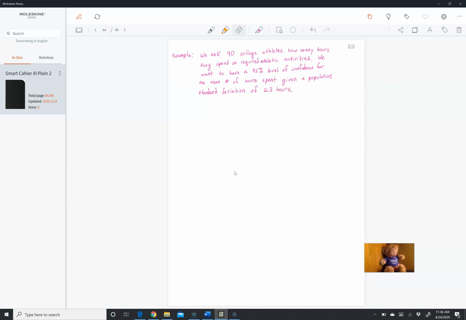Okay, so we're going to develop an interval here. What's the first thing that we need to do? First thing that we need to do is check that the data is normally distributed or n is greater than or equal to 30.